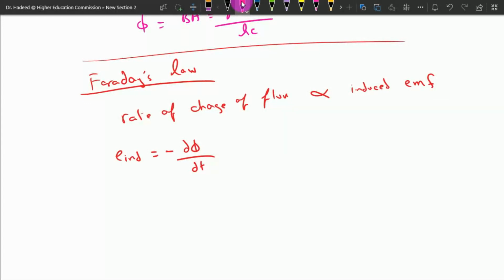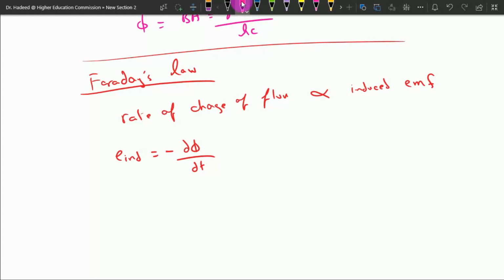It states that the direction of the induced EMF is such that it opposes the cause that is generating it. So the induced voltage opposes the change that causes it, and that is why we require this negative sign here.